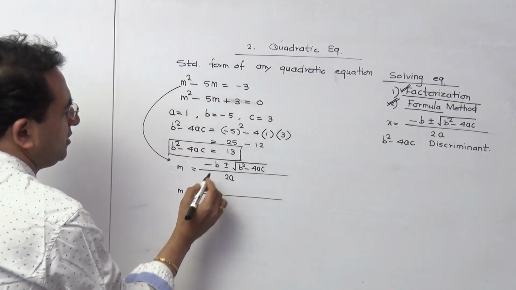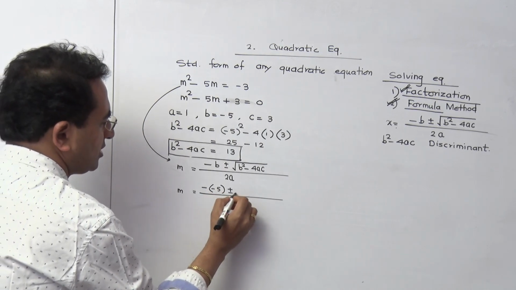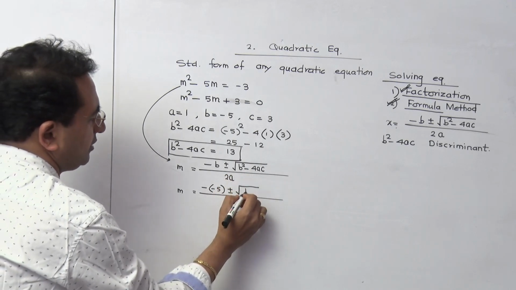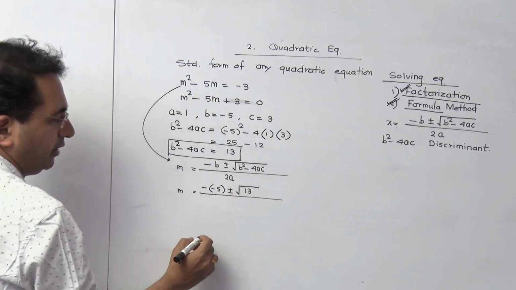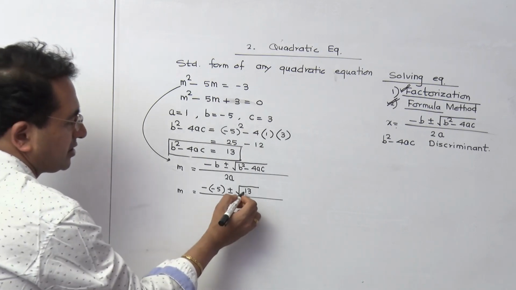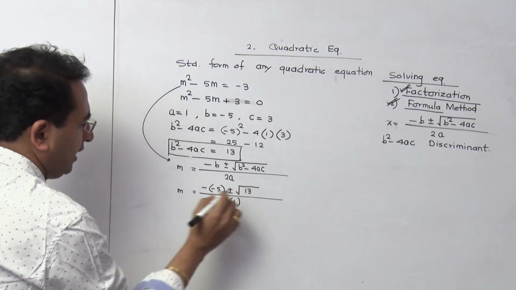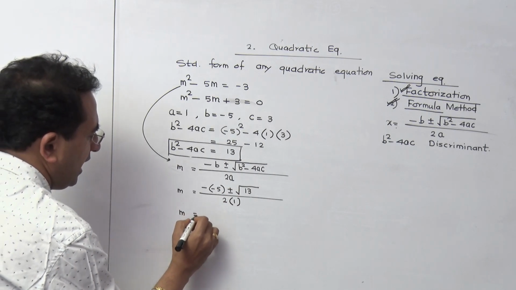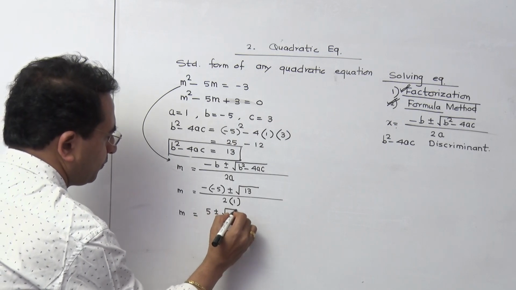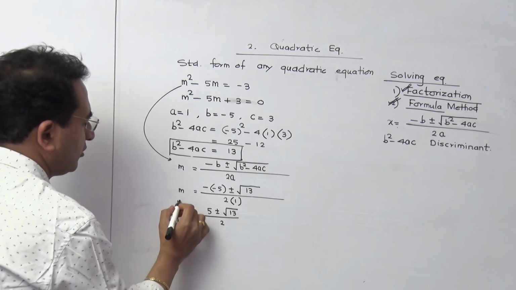It is minus b means what? Minus of minus 5 plus or minus square root of b square minus 4ac. The value can be written directly as 13 and then 2a means 2 into 1. Now as 13 is a prime number, there is no split up of this number, so directly we can write the answer for m as minus minus will become plus 5 plus or minus root 13 upon 2. Now this answer is the final answer.